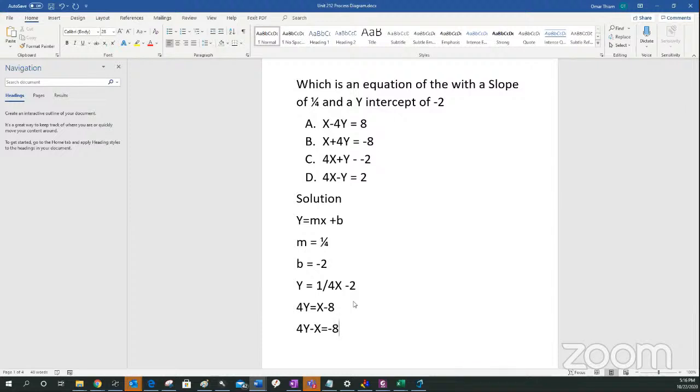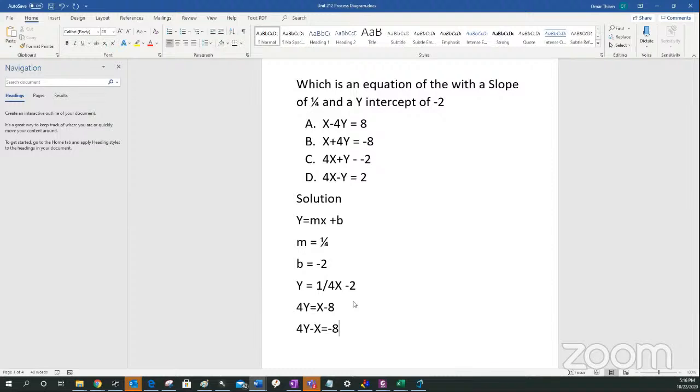So if you look at your options, which one looks like that? We have y equals 1/4 x minus 2, then 4y equals x minus 8, and then 4y minus x equals -8.